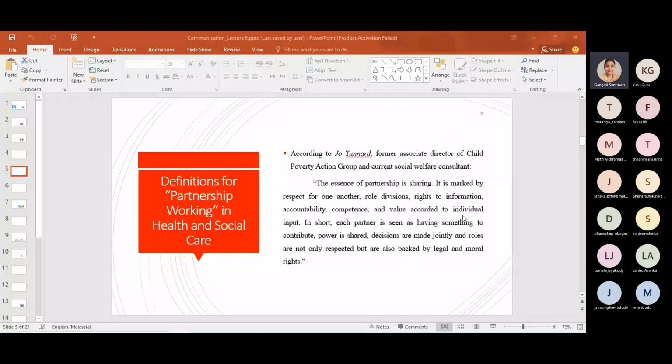And yes, Mekni, I just saw your text on the chat. Okay, so yes, as you have said here, partnership working prevents us from imposing our own views. In partnership working, what we do is we work with others, right?